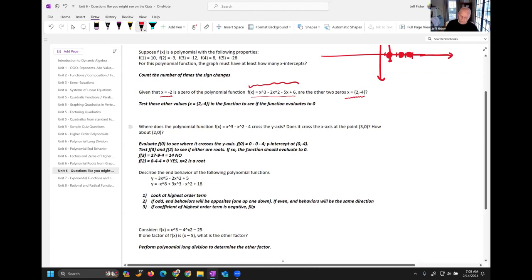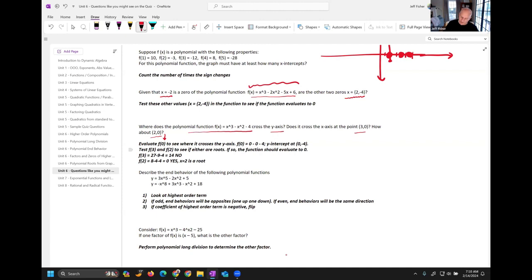Okay? Where does the polynomial function cross the y-axis? Does it cross at 0, 3? How about 0, negative 4? Well, how do we solve this? We evaluate the function at 0 to see where it crosses the y-axis.